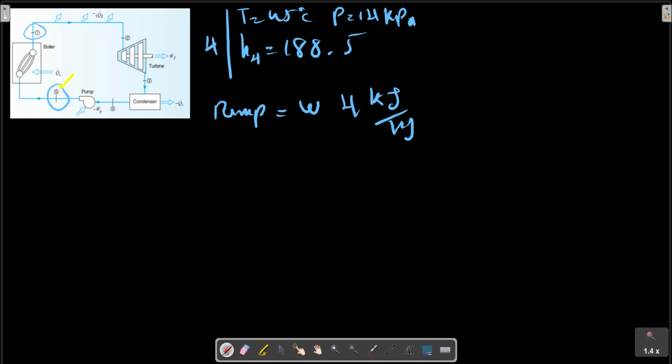To calculate the information for point 5, we should write the energy equation for the pump.